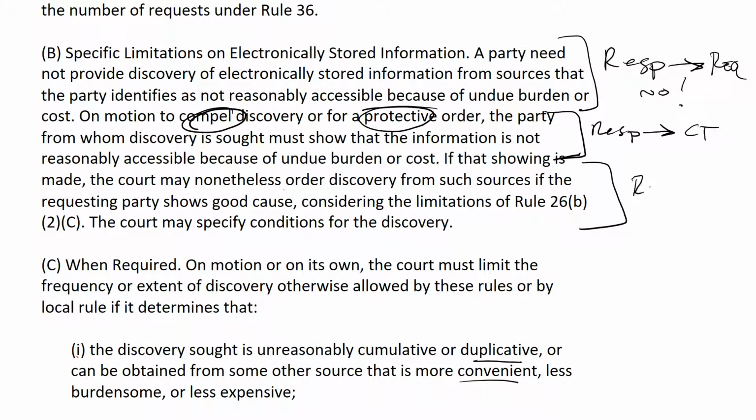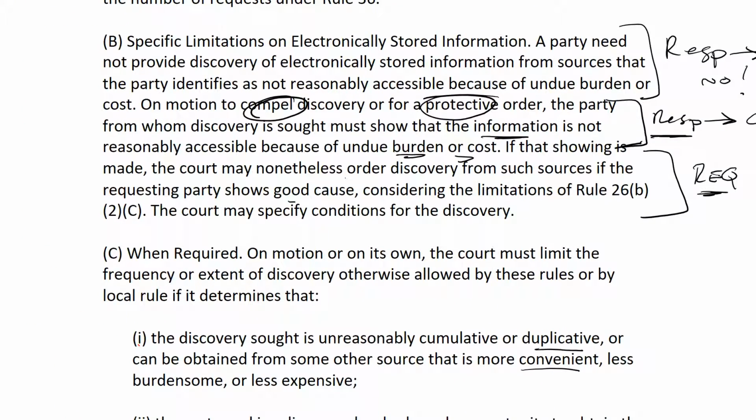Now the burden is going to shift from the responding party to the requesting party. Assuming the responding party meets its burden of showing the information is not reasonably accessible because of the burden or cost, now the requesting party has to show good cause for the discovery, right? If the showing by the responding party of inaccessibility is made, the court can still order discovery from the responding party if the requesting party shows good cause.